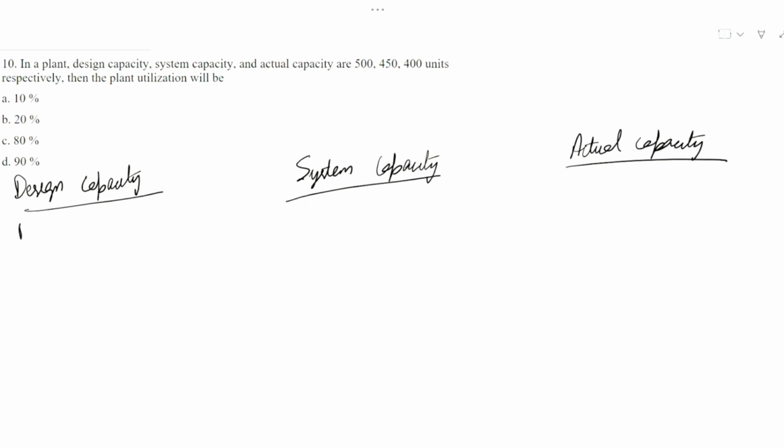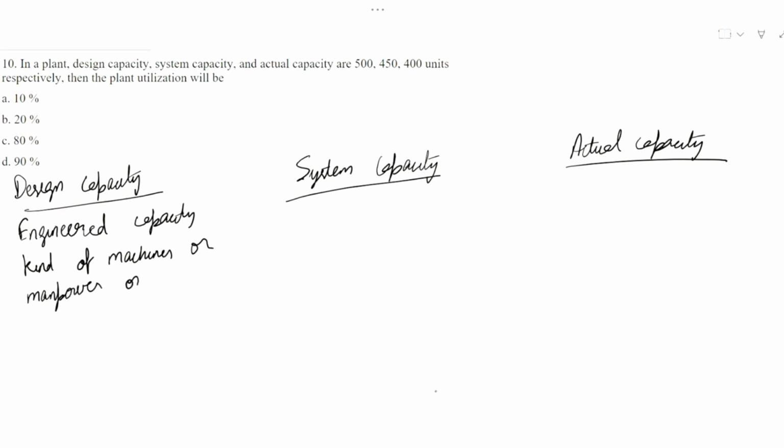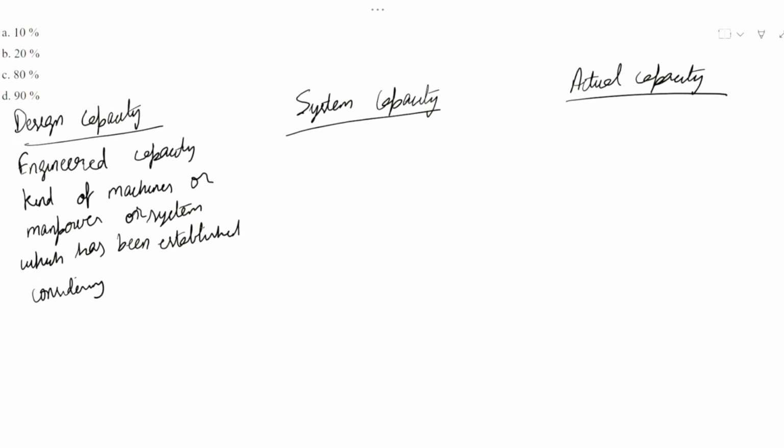So design capacity is engineered capacity, kind of like machines or manpower or system which has been established considering some maximum output expected from it.